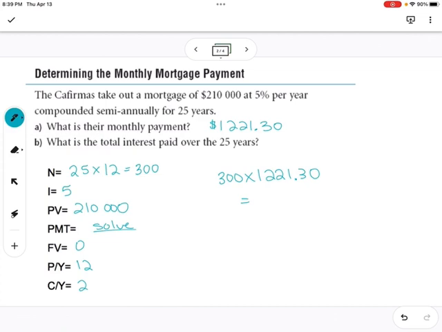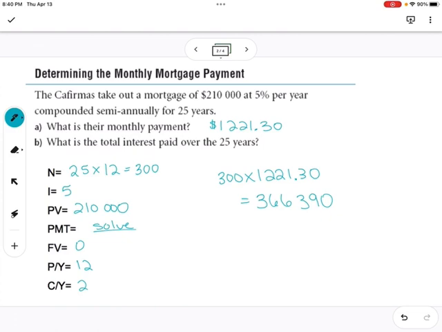And this is $366,390. So that's the total amount that we're going to pay in that 25 years.